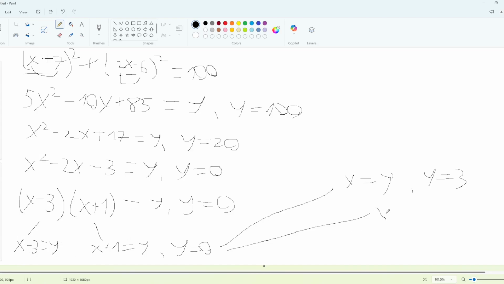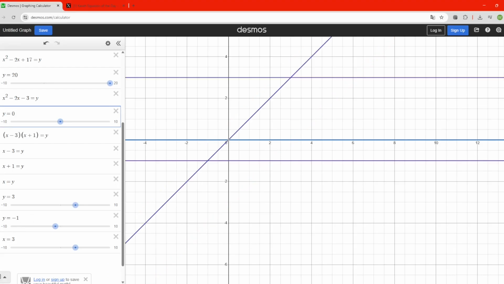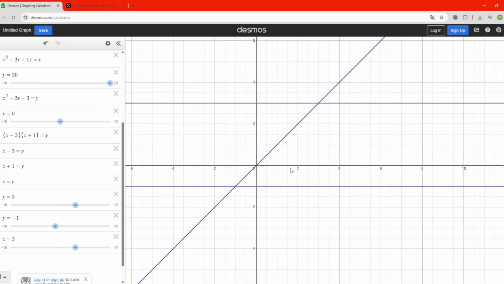And I'm gonna get x equals y with y equals -1. And now when I look at it in Desmos, this is actually the last intersection. Okay, x equals y with two zero sloped lines. Okay, with two constant lines.